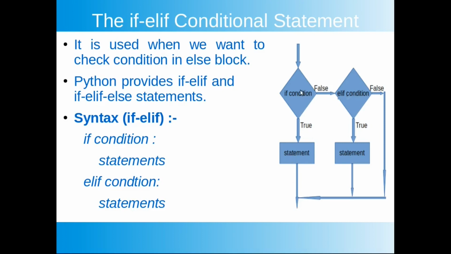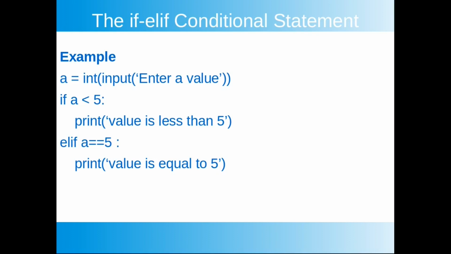But if the condition is false, then the condition inside the elif block will be checked. If it becomes true, the statement inside the elif block will be executed, and after that the control will return to the original flow of the program. But if the condition becomes false, then nothing will be executed and the control will return to the original flow of the program.